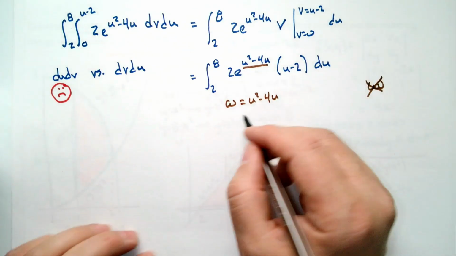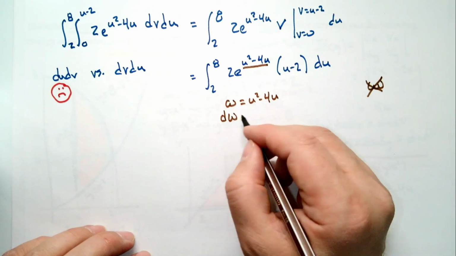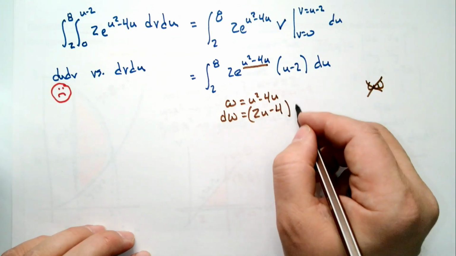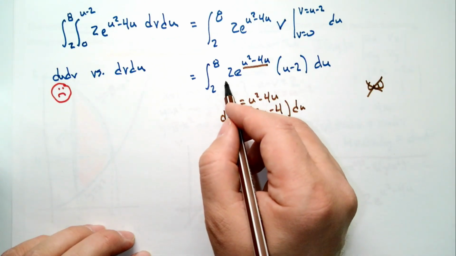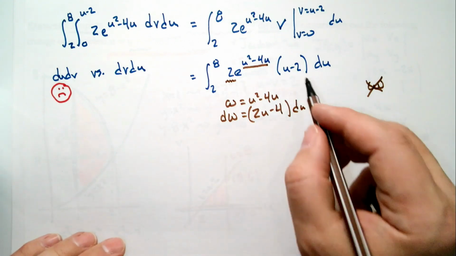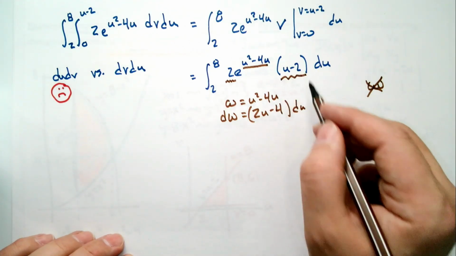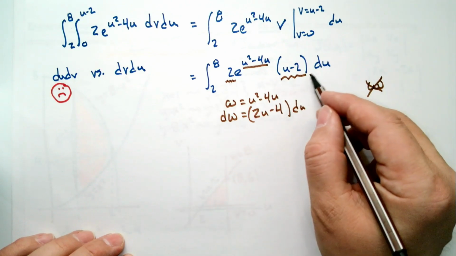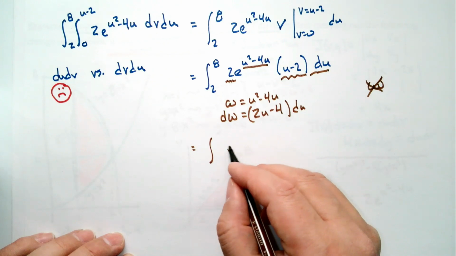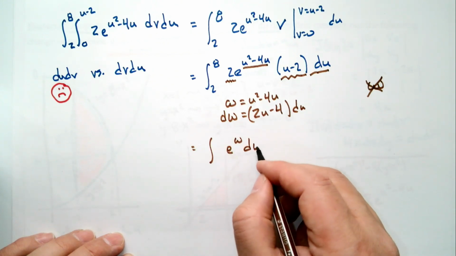All right. So w is u squared minus 4u. dw would be 2u minus 4 du. And if you look, take that 2, which we've been wondering why it was there. It's just for this moment. Because 2 times u minus 2 gives 2u minus 4 du, which means we're going to get the integral of e to the w dw.